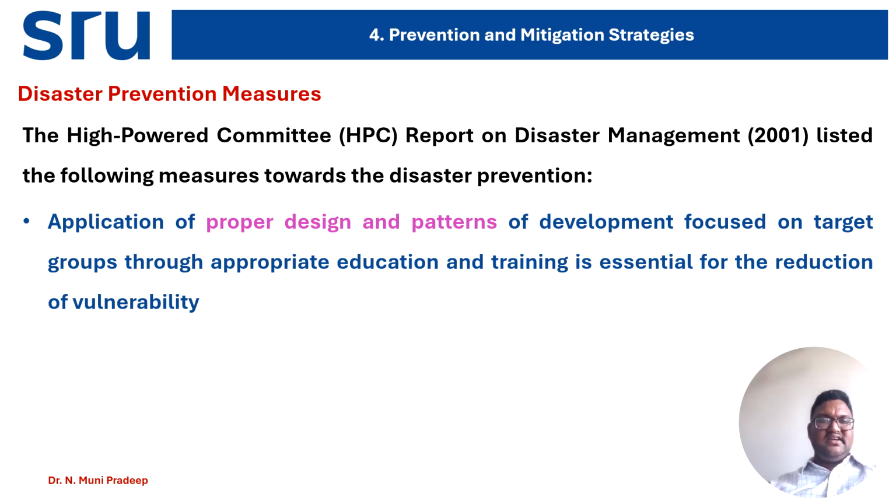So education for disaster prevention must target multiple levels. At the community level, awareness campaigns and school education programs help ordinary people to understand local hazards, recognize warning signs and know how to respond safely.